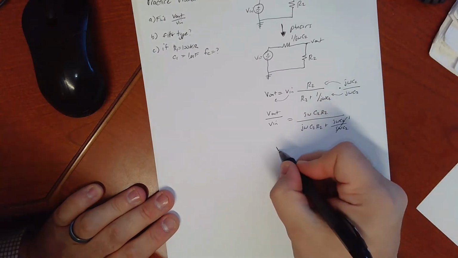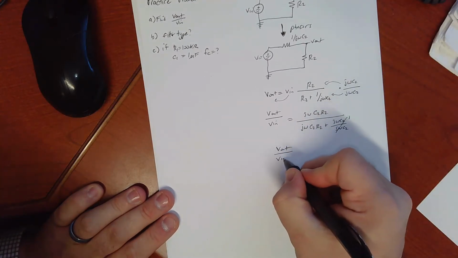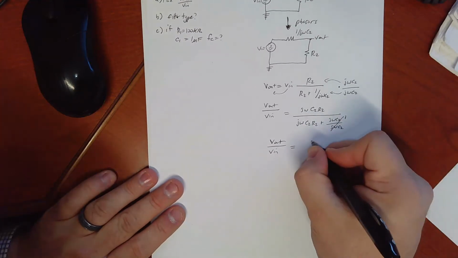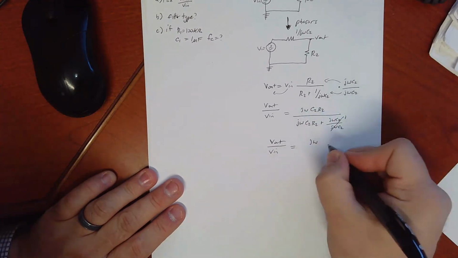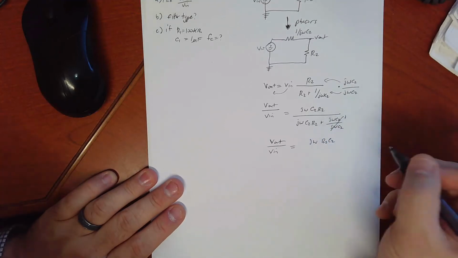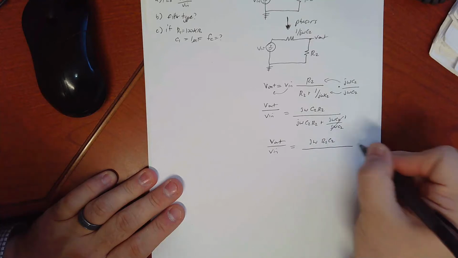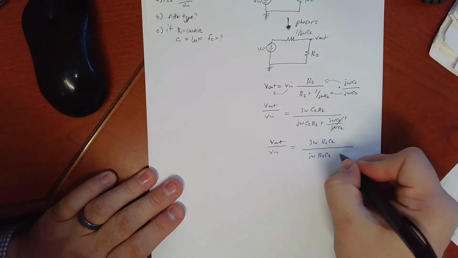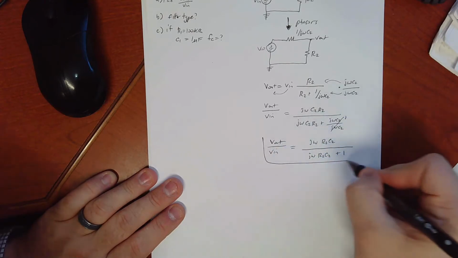So V out over V in is going to be equal to j omega R2 C2 over j omega R2 C2 plus 1. I'll switch these two to R2 C2; it doesn't matter, but it makes me happy. So there is part A.